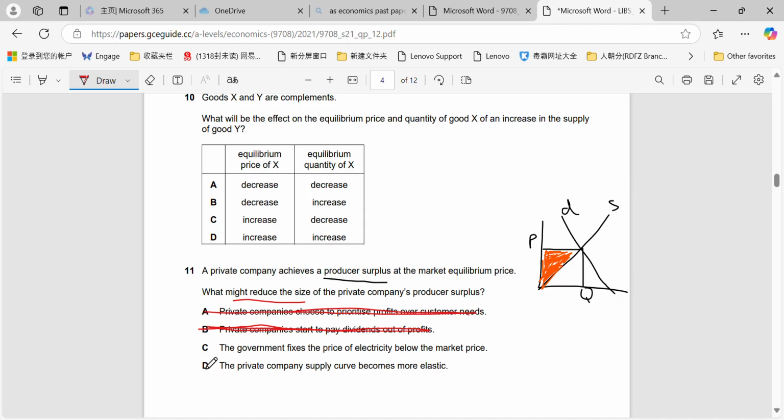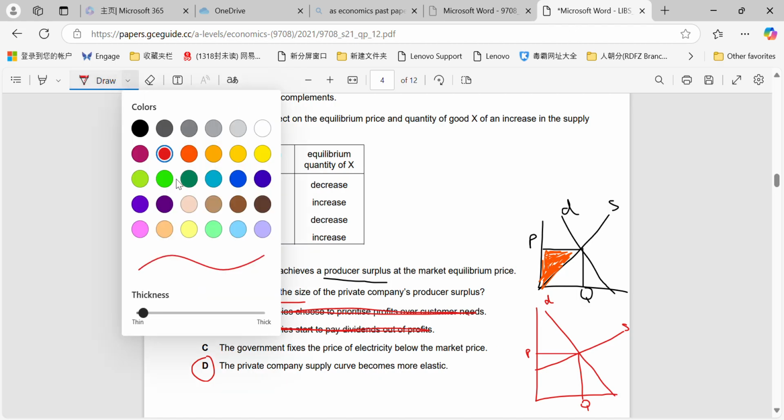If the private company's supply curve becomes more elastic, that would reduce the size of the surplus, because if we draw a very simple diagram here again. In the first one we've got, let's say, unitary supply. Here we can see that when the supply curve becomes more elastic, it has to start from a point which is higher up the vertical axis.